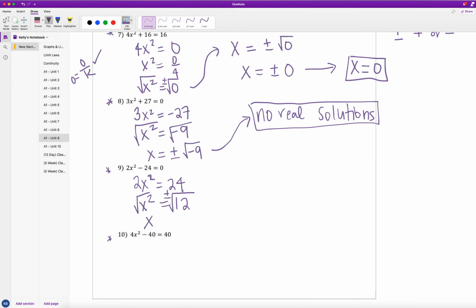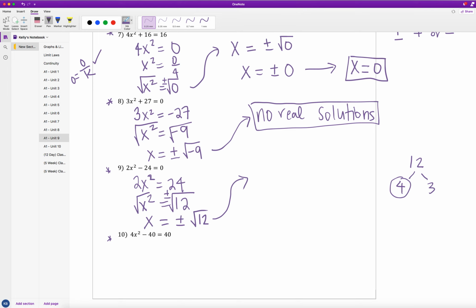The square root and the square cancel, and we end up with x equals plus or minus the square root of 12. Now from here, the square root of 12 is not a perfect square, so it's not going to reduce completely, but it can reduce a little bit further. And in these cases, we want to just make sure we've reduced our answer as much as possible. So if we want to think about 12 on the side here, 12 factors as 4 times 3, and we know that 4 is a perfect square.